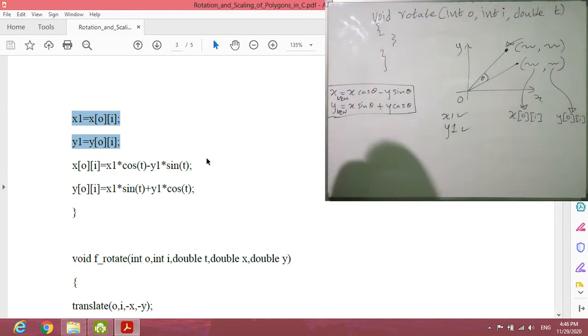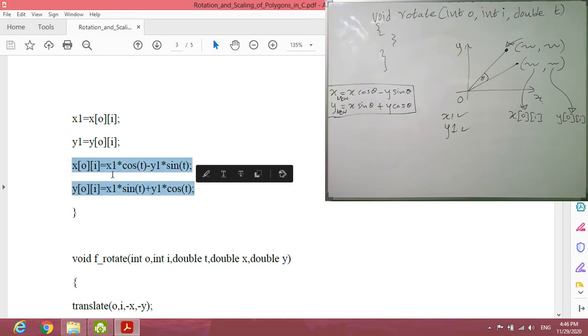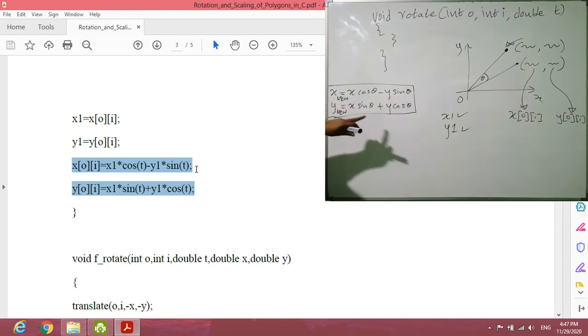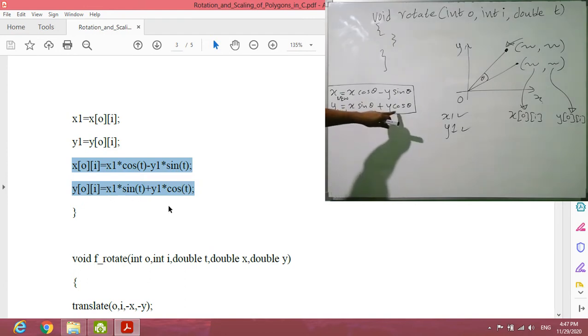After that we perform these two: previous x coordinate cos theta minus previous y coordinate sin theta, and previous x coordinate sin theta plus previous y coordinate cos theta.